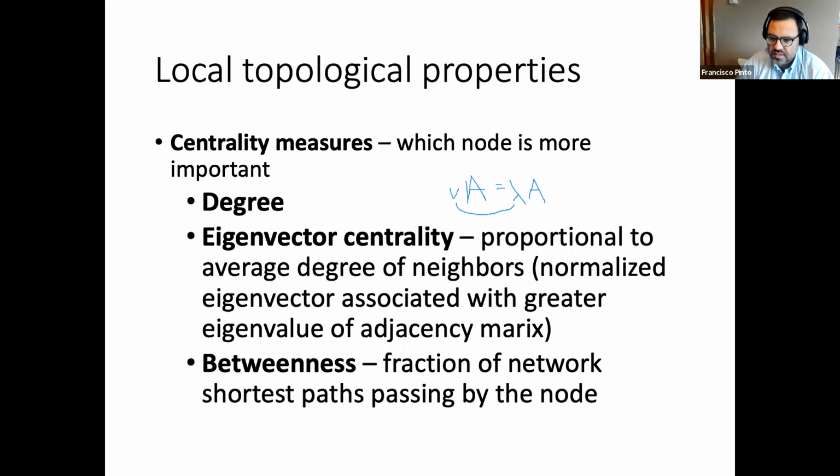So this is proportional to the average degree of its neighbors. In this case, you can consider that the node is important in the network not because it has a lot of interactions, but because it is connected to other nodes that have a lot of interactions. So that's the principle behind the eigenvector centrality.